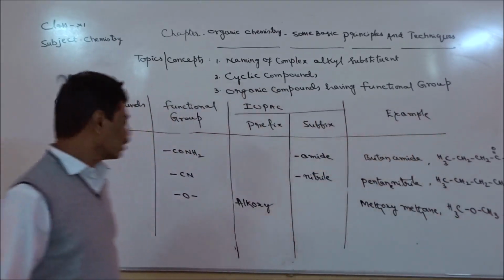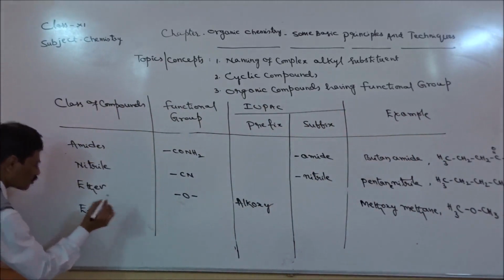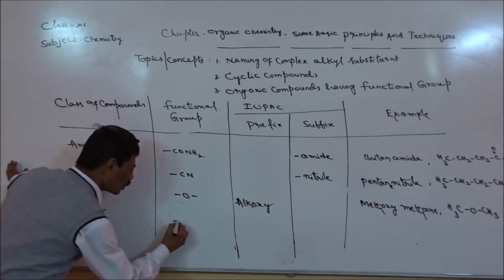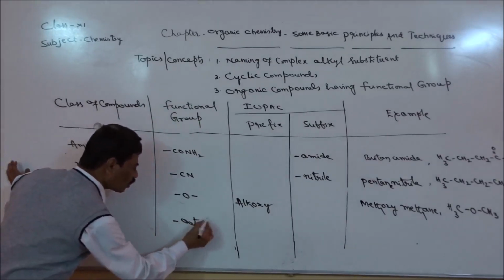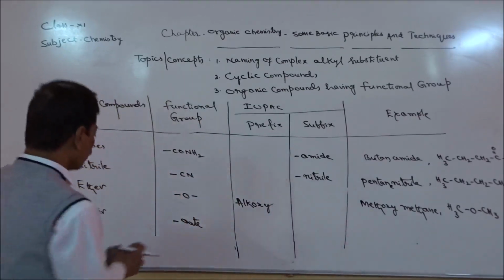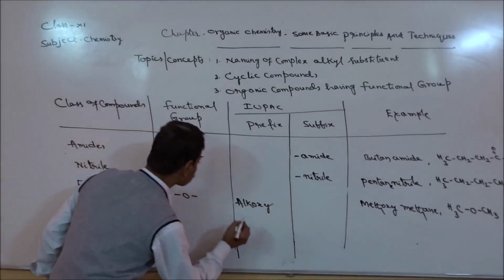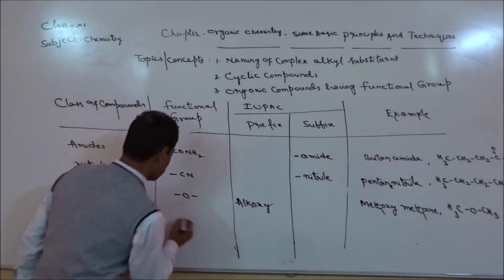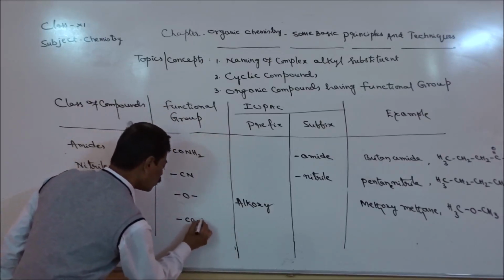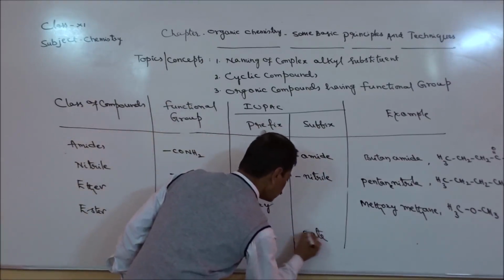CH3. Next is ester. Ester. Its name ends with -oate, O-A-T-E. And since its name ends with -oate, it should be the suffix. COO. And it is -oate.